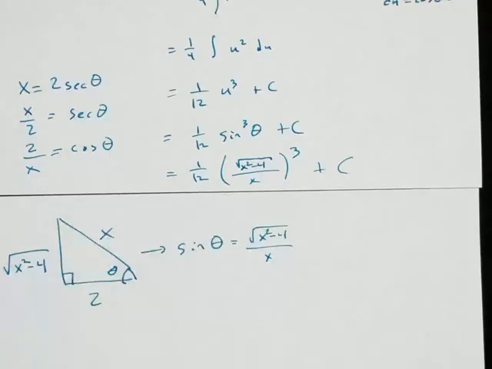So here's a sneaky thing. If my square root is subtraction, I'm either going to use sine or secant. All of my s's stay together.